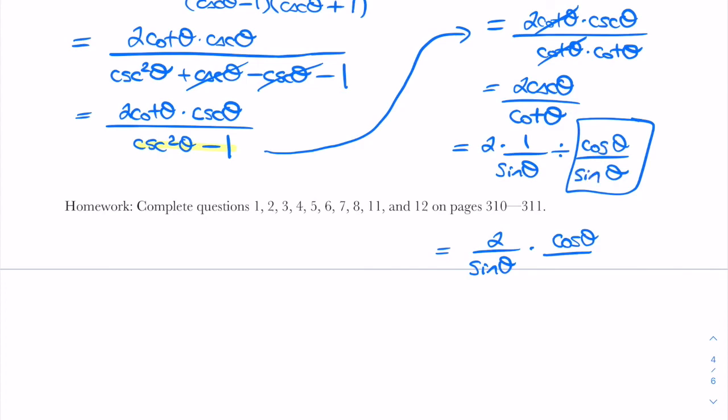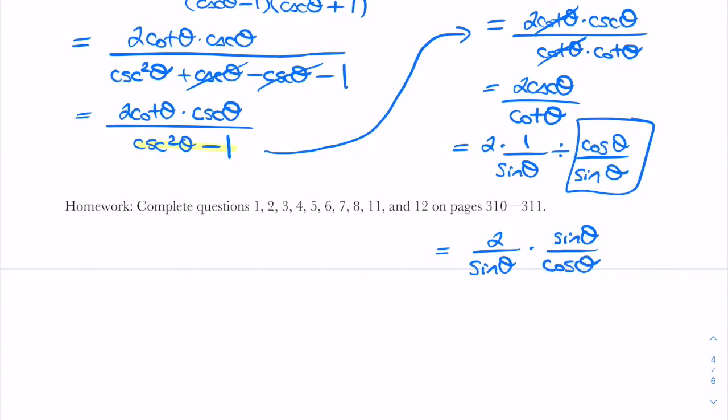Because remember, cotangent is just the reciprocal of tan, so instead of sine over cos, it's the reciprocal, which is cos over sine. So I need to multiply by the reciprocal of that fraction now. So instead of dividing by cosine theta over sine theta, we multiply by sine theta over cosine theta.